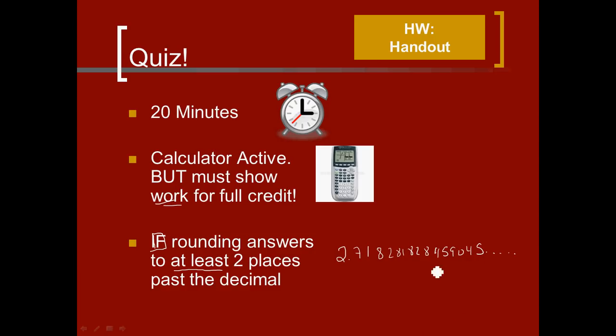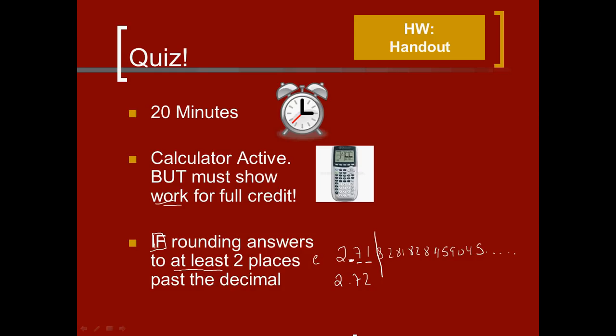You can write as many as you like, but for full credit with an answer that is E, you must at least write 2 places past the decimal. You can literally chop it off there, or you can round it. So 2.71 or 2.72 would be acceptable answers.